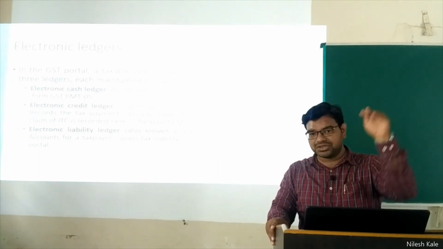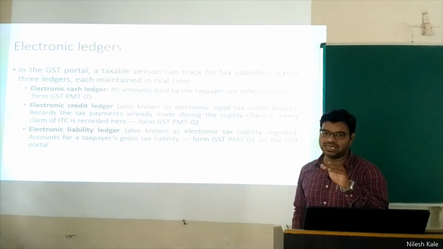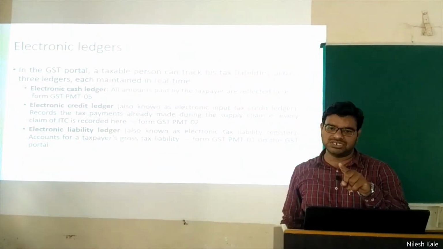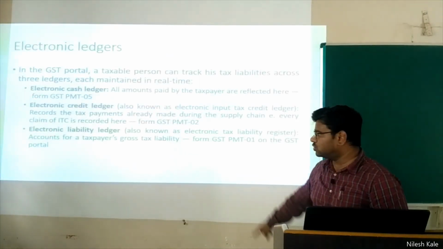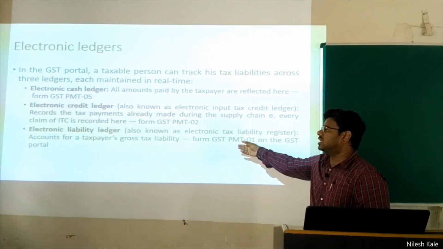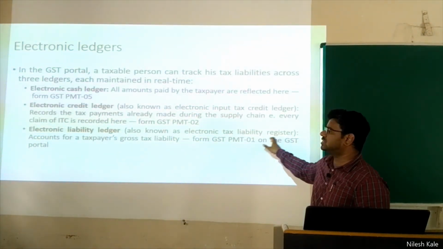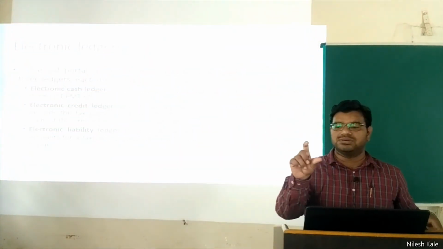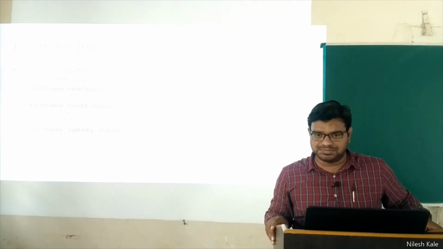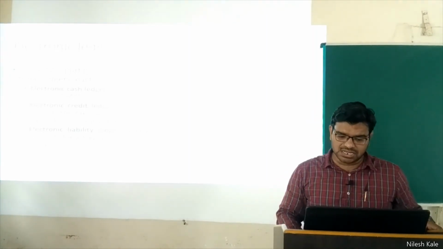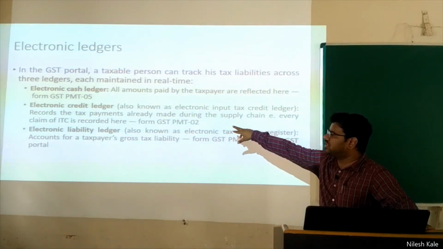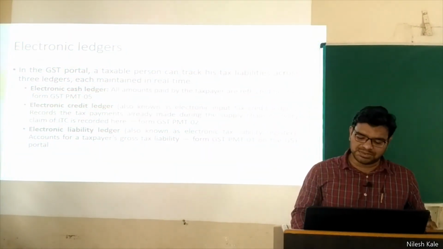So you take 50 rupees credit from the credit ledger, and you pay 20 rupees taxes through the electronic cash ledger, and this 70 rupees will be shown in the electronic liability ledger, also known as the electronic tax liability ledger. It means it is the gross tax liability to be paid by that taxpayer, right? And it is reflected in the form GST PMT 01, electronic credit ledger form GST PMT 02.